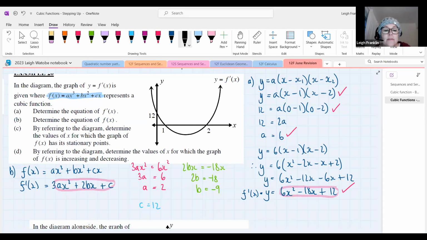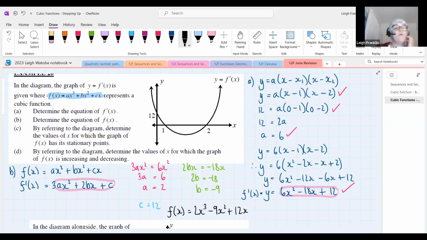So that means that f of x has to be ax cubed, so that would be 2x cubed. b is equal to negative 9, so that's minus 9x squared. c was equal to 12, so that would be plus 12x.